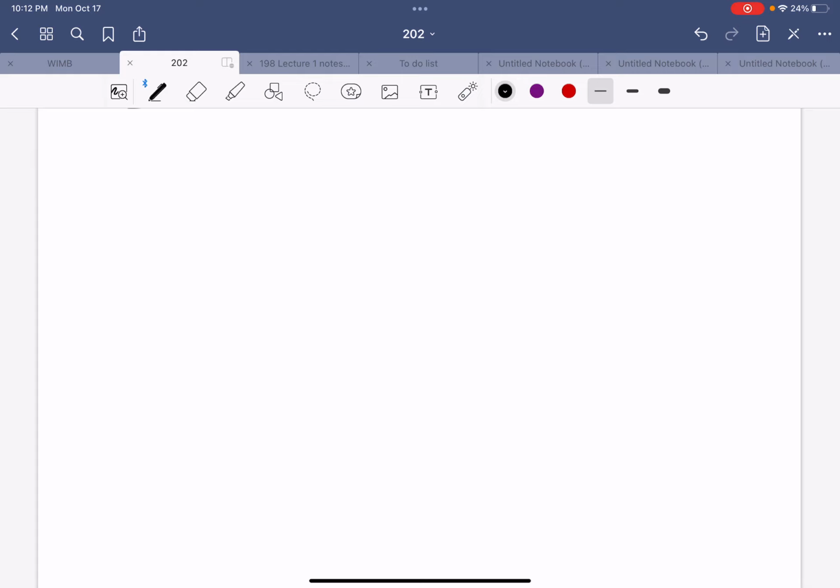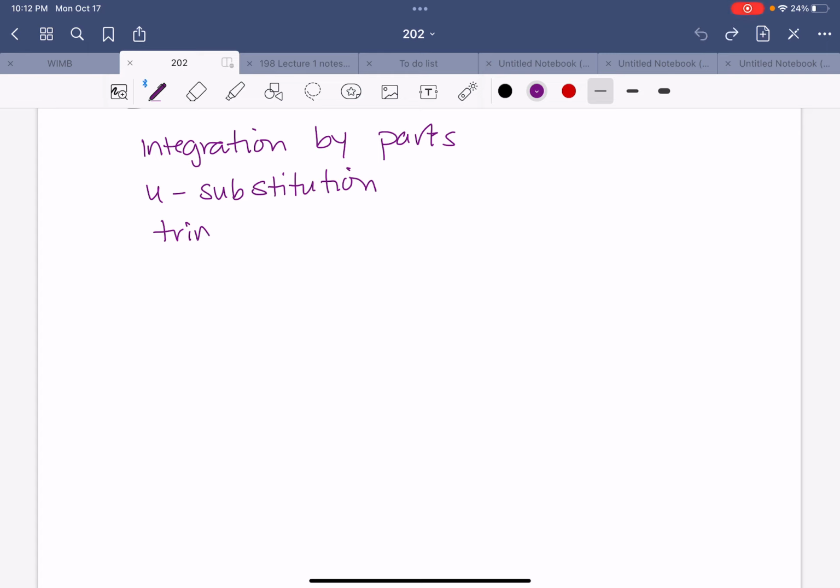So first of all, we have 5 techniques that we've been working with. We have integration by parts, we have u substitution, back from chapter 5. We have trig integrals. We have trig substitution.